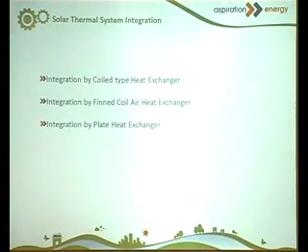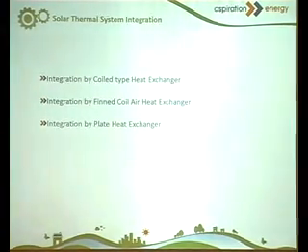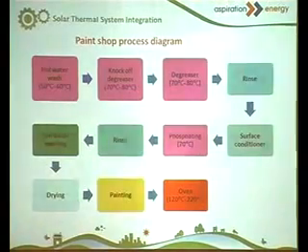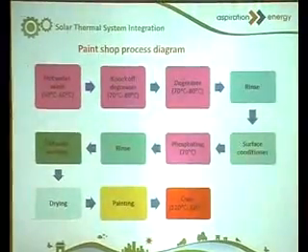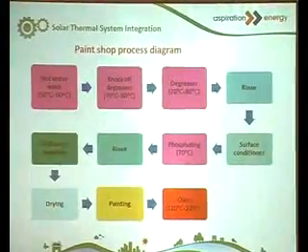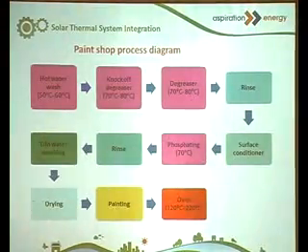In hot water generator type, we will use a plate type heat exchanger, so that the heat transfer fluid is coupled to the plate type heat exchanger and easily retrofitted. But if it is thermic fluid type, we cannot couple directly because of the very high temperature. Operating temperature is around 260 degrees, so we will couple through a coil type version.